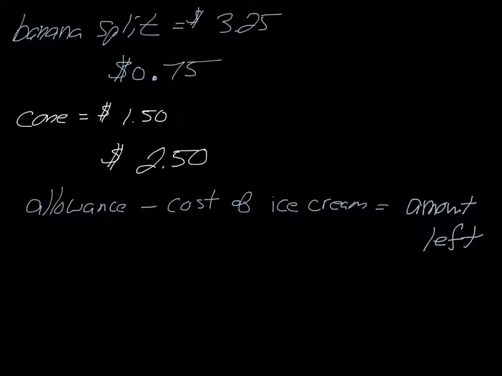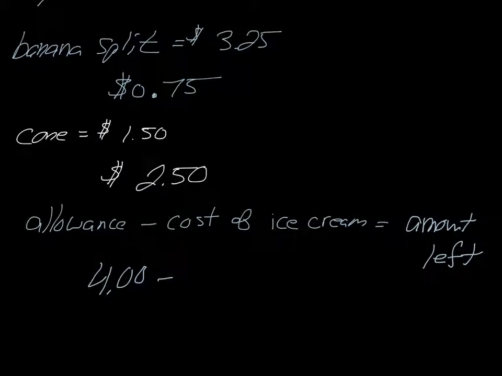So for example, we had $4 to start off with, and we subtracted Parker's banana split, $3.25. Parker has 75 cents left over. Okay?